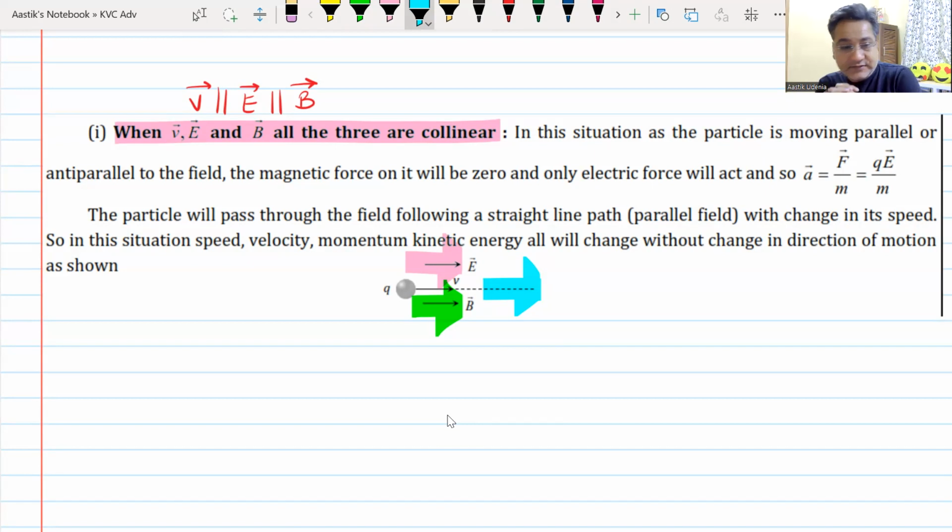In all the cases, all three things are parallel. What type of motion will the particle have? Accelerated motion. How will the trajectory be?